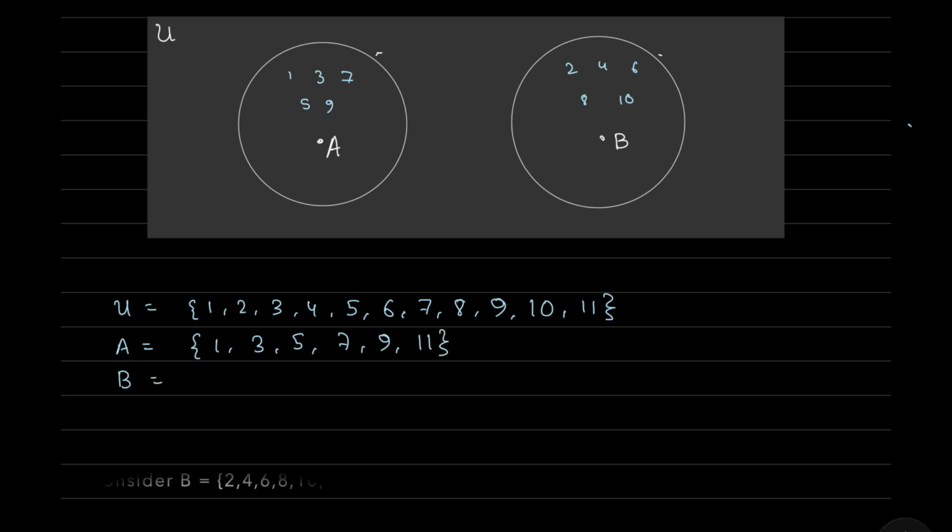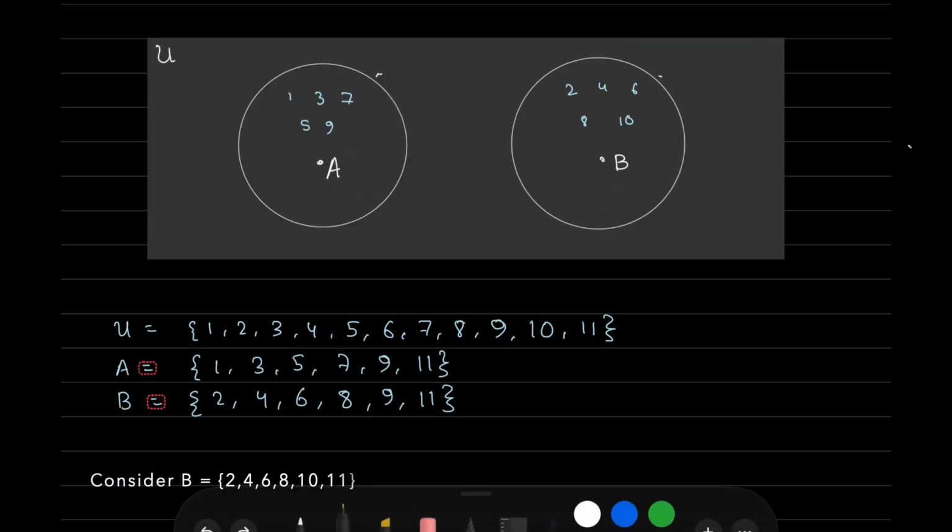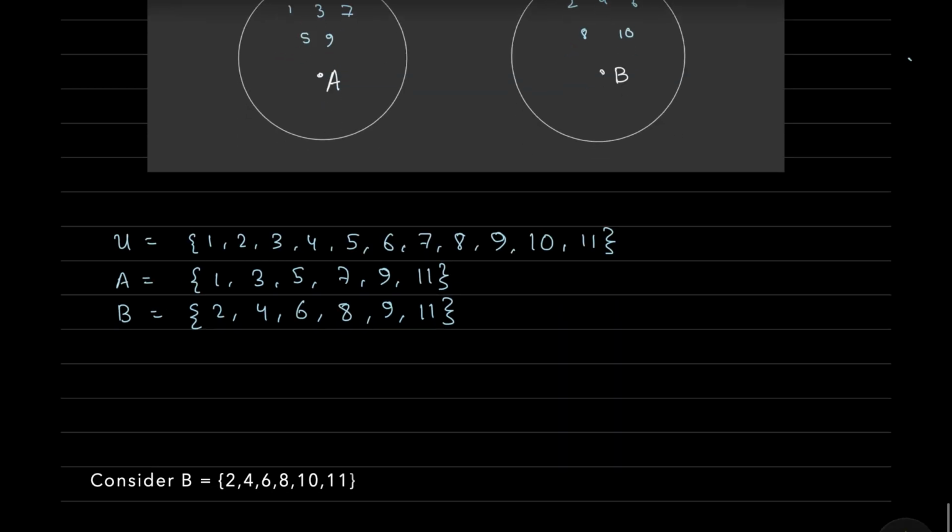My set B as 2, 4, 6, 8, 10, 11. Now, in this case, how will we represent the sets? Alright. Now, our aim is to represent this using a Venn diagram.